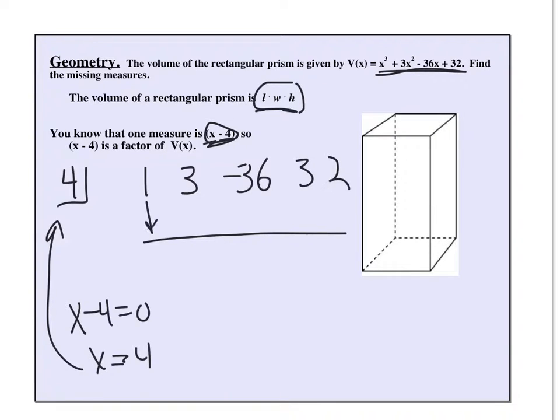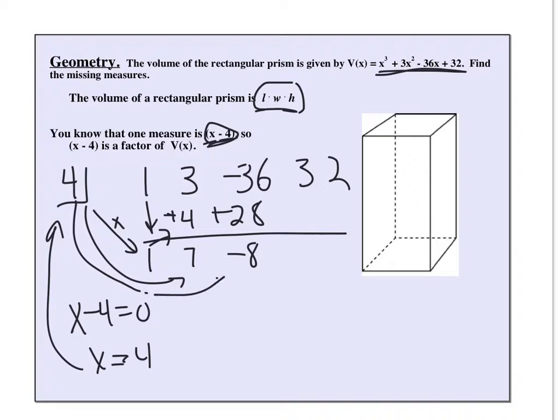Then drop, multiply, add. Drop, multiply, add. So that's going to be negative 8. Drop, multiply, add. 0. All right, so when I divide that, this is my remainder.